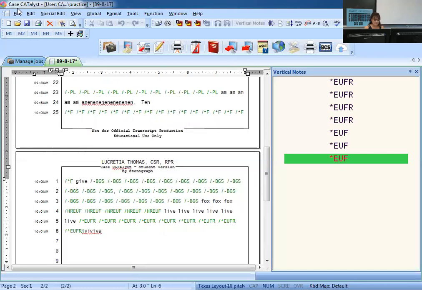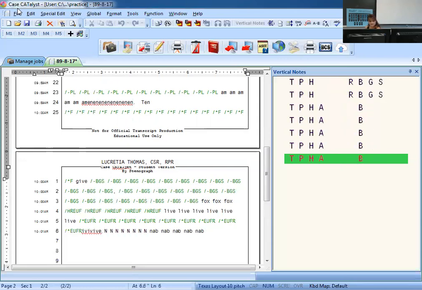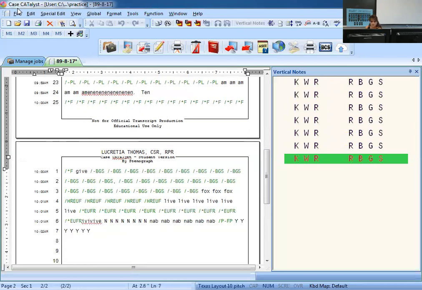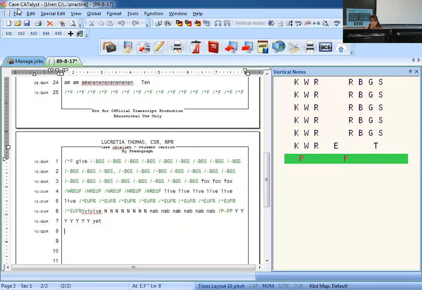And first of all, let's remember how to write these letters. N is TPHN. So the word nab is TPHAB, nab. Hopefully you remembered that the N, new, and then the Y, York. So Y is KWR, so the word yet, KWRET.